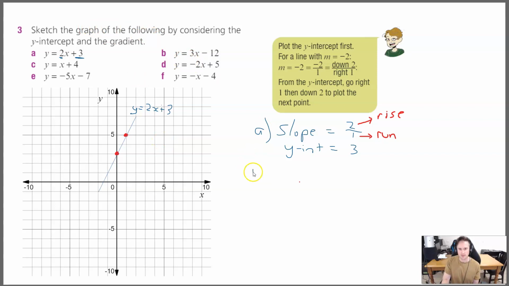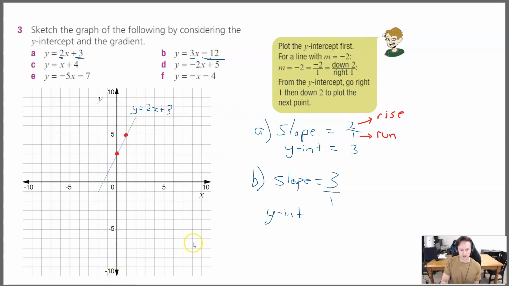So the second one is y equals 3x take 12. The slope is 3. Remember, I'm just looking at the coefficient. So that's 3, and I'm going to turn it into 3 on 1. Same trick as before. And the y-intercept is -12. Now this is a tricky one because my graph doesn't even go to -12.